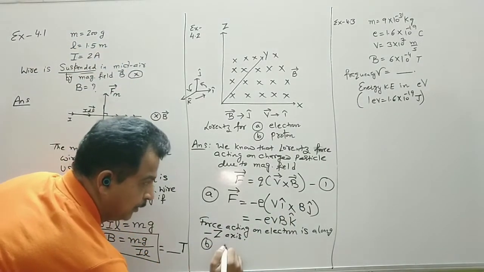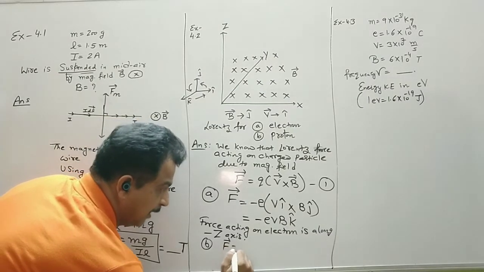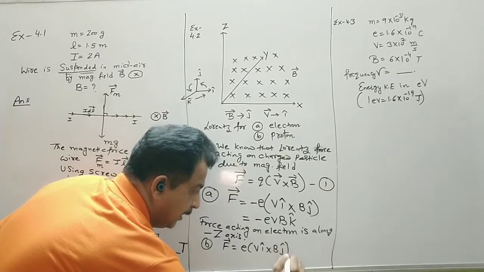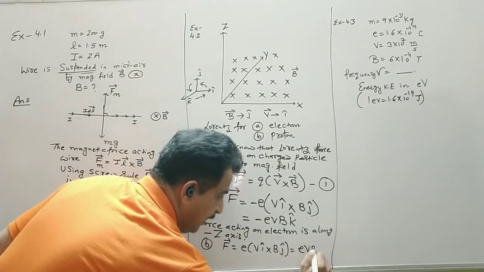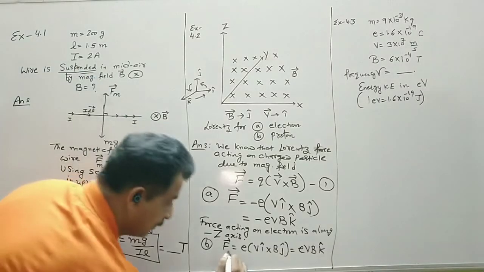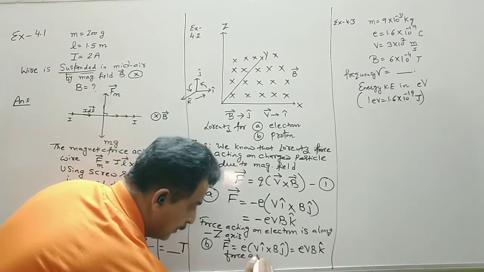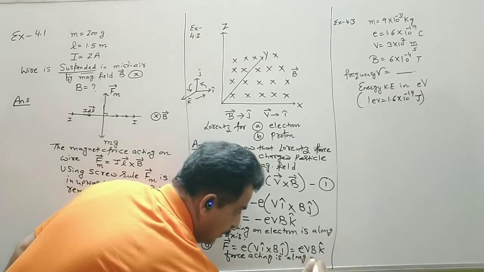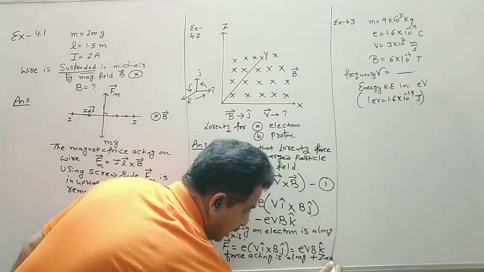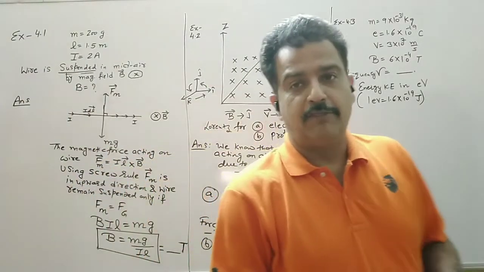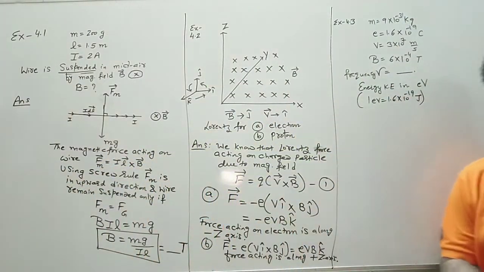So for a proton, F vector can be written as e v i cross B j. So this will be equal to eVB k. So the force acting on a proton is along the positive z axis. So this is the direct application of the magnetic force acting on a charged particle.